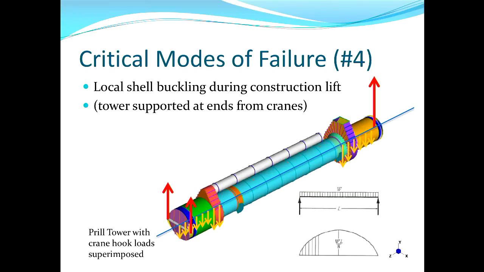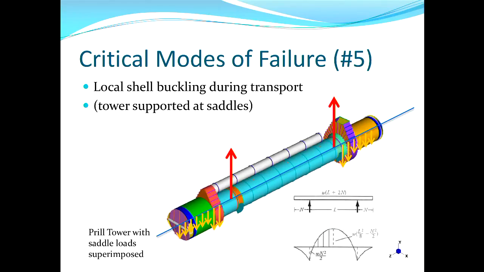There's another situation when the shell is in bending like that, and it's when it's sitting on the ship in these rough seas. Very similar situation. It's a uniformly distributed load on a beam in bending, except this time the supports have moved in. The vertical reactions are at the locations of the two cradles.